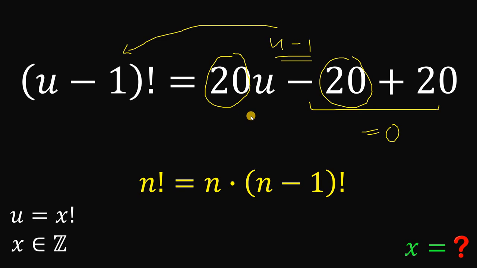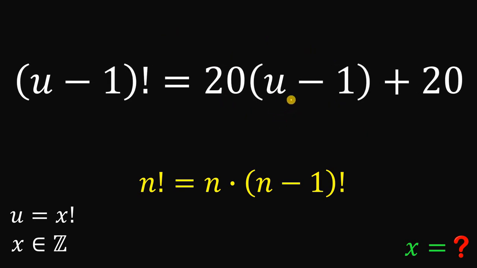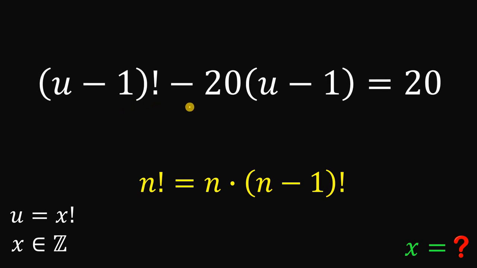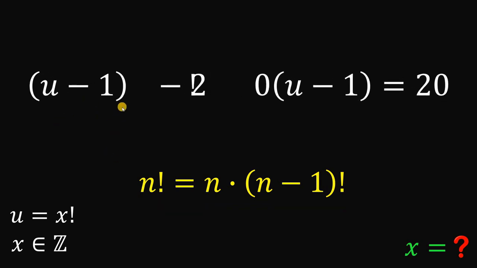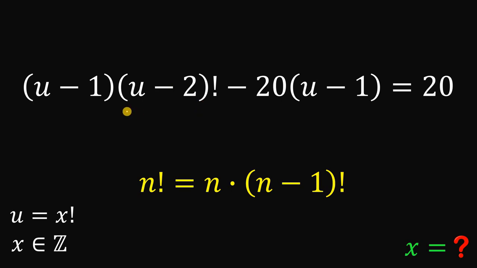Now let's do that. Let's factor out 20. So this will give us 20 multiplied by u minus 1. Now let's subtract 20 times u minus 1 on both sides. So this will give us u minus 1 factorial minus 20 times u minus 1 equals 20. Now, applying again this property of factorial to this u minus 1 factorial, this can be written as u minus 1 multiplied by u minus 2 factorial.